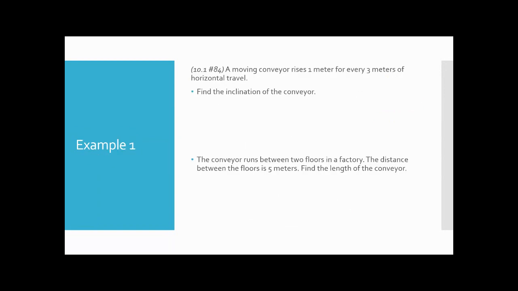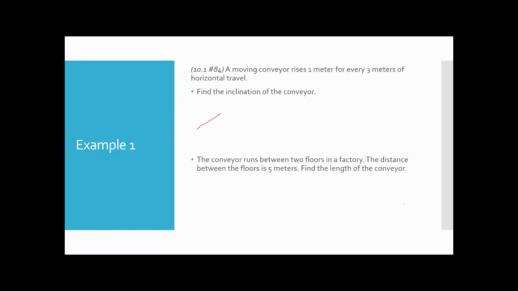So we've got this example here. This is number 84 from 10.1. A moving conveyor rises 1 meter for every 3 meters of horizontal travel. Find the inclination of the conveyor. So the inclination is the measure of the angle. So I'm going to just draw a picture.